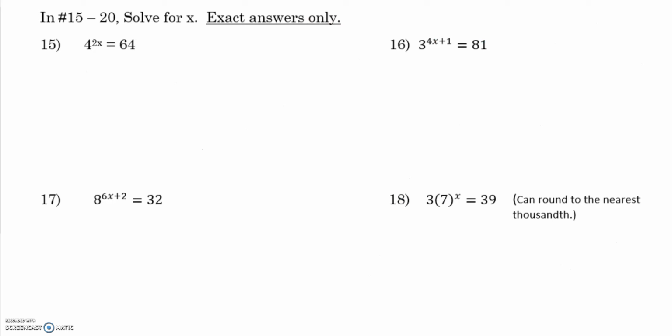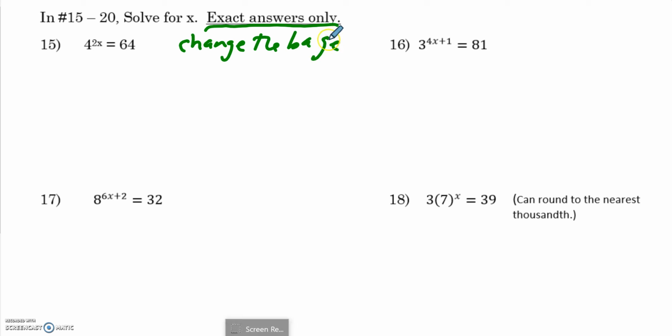Last part, solving equations. Exact answers only, please. No decimals unless specified. So number 15, I notice that I have an exponent equaling a number. The first thing you want to possibly do without introducing logs is see if you can change the base.